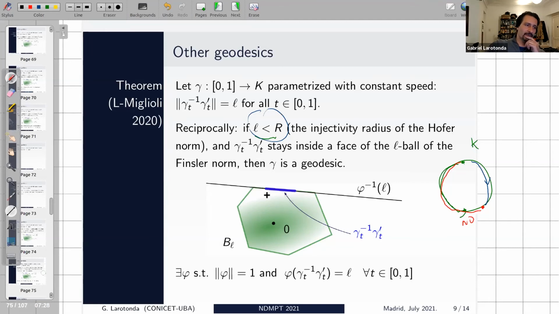So now we have characterized all geodesics, but there are some obstructions to these characterizations, which is very nice, because you don't have the condition on the speed of gamma, but on the logarithmic derivative of gamma. So what's the next step? Well, you have to study the behavior of the faces of these Hofer norms, right?